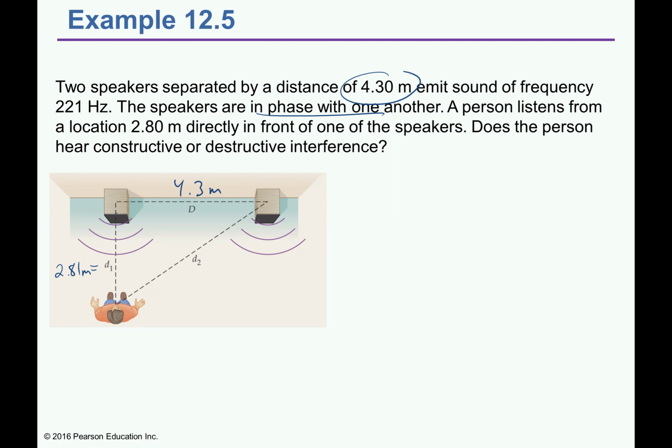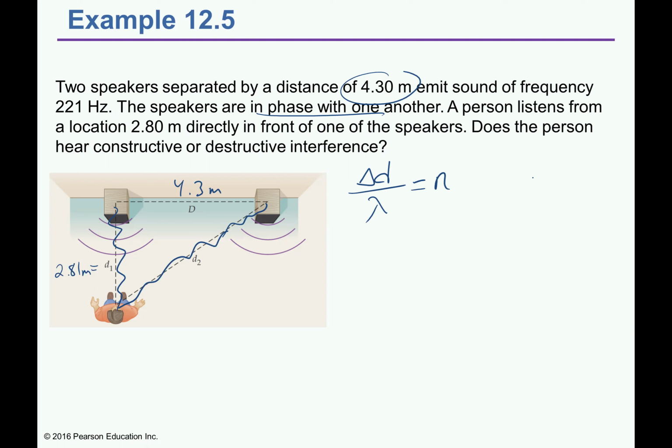So when wave 1 gets to this person, and then wave 2 gets to that person, are they going to interfere constructively or destructively? Is he going to hear sound or not? To know that, remember, one of the things we have to do here is use this equation: find D1, D2, take their difference, divide by the wavelength, and see what we get.